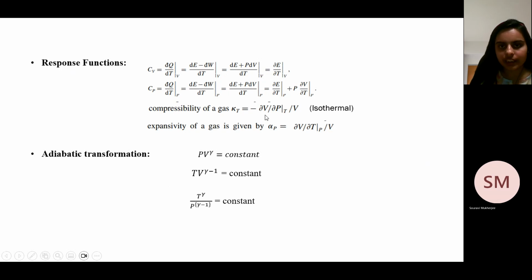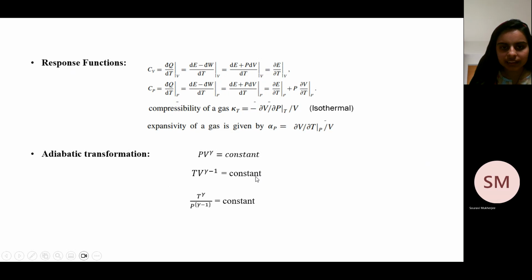Like here, compressibility is given as minus del V del P at constant temperature by the volume of the system. This is the isothermal compressibility. Similarly, you can define the expansivity, which tells you how the volume changes as a function of temperature, keeping pressure fixed. Okay, so these are the different response functions, which give us an estimate of how the system responds to changes in different thermodynamic variables.